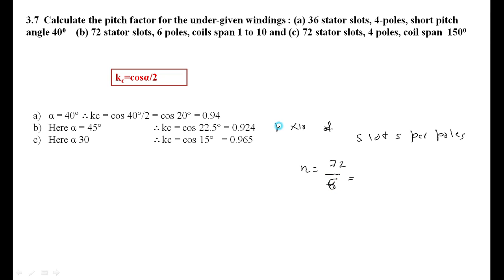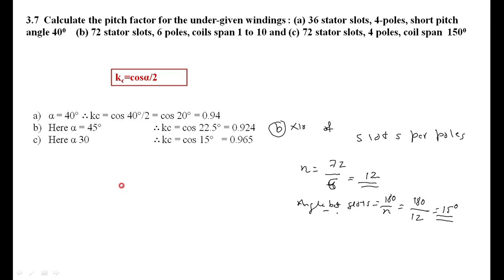We are considering here the B case, therefore 6 ones are 6, that is n is 12 slots, which means there are 12 slots per pole. Therefore the angle between slots is 180 divided by n, that is 180 divided by 12, which is 15 degree. The angle between the two slots is 15 degree.